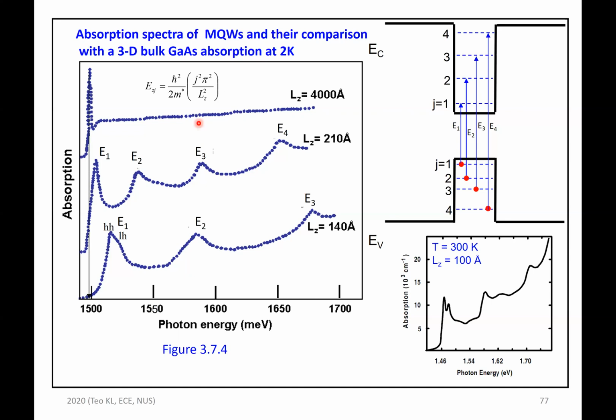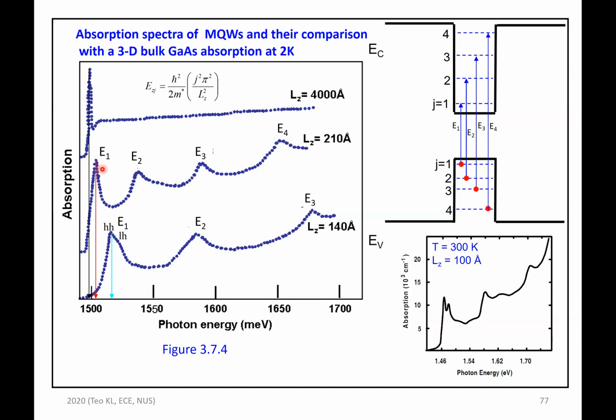So this is the exciton peak due to the bulk semiconductor. Next is the 210 Angstrom well width. That is E1.